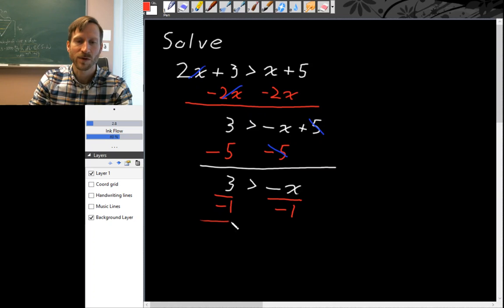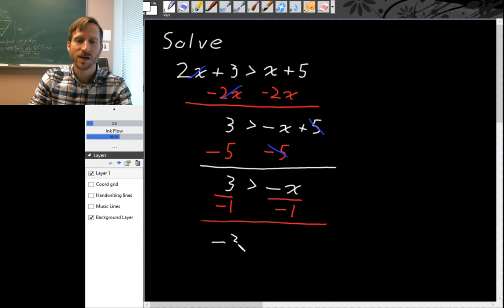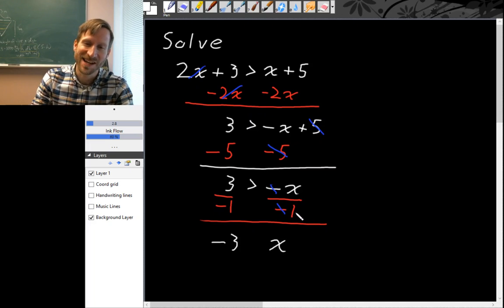Okay, so that will give us, on the left-hand side, 3 divided by negative 1 is negative 3. And negative x divided by negative 1, these minus signs cancel, so on the right-hand side, we have x. And at this point, because we divided both sides of this inequality by a negative number, which amounts to the same thing as multiplying by a negative number, the inequality symbol turns around.